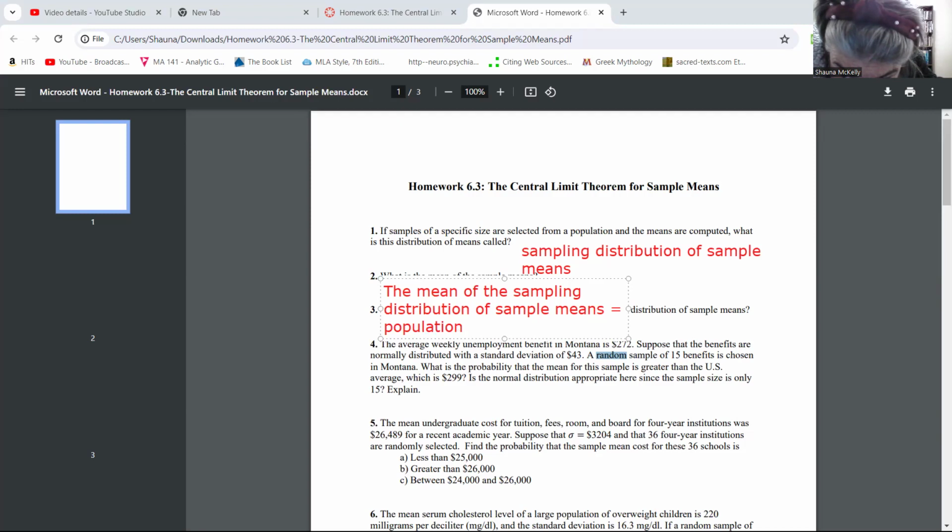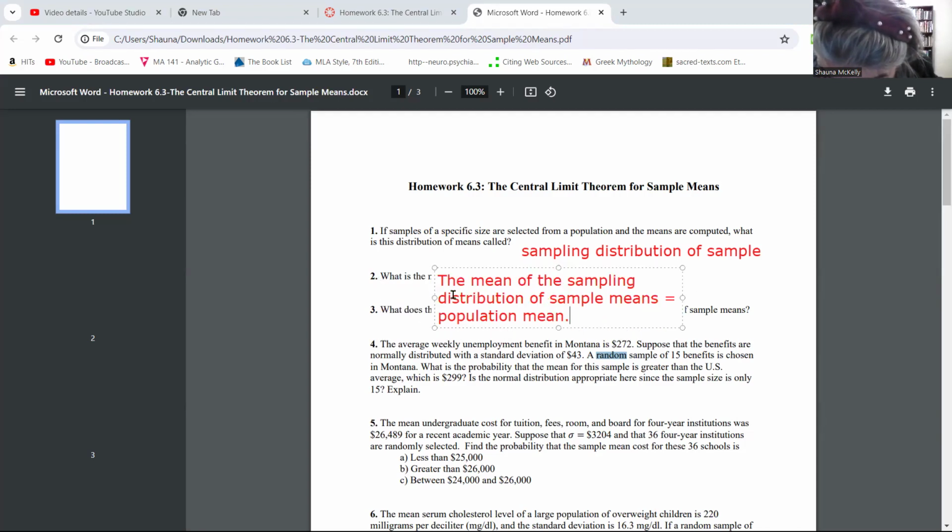Now, this could be counterintuitive for you. You're like, well, how can it be the population mean if we're not testing everything in it? But that's essentially what it is, because we're taking all samples of that size. So we're actually taking every value in theory.